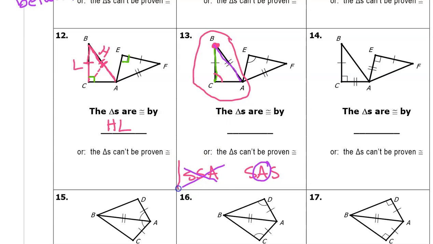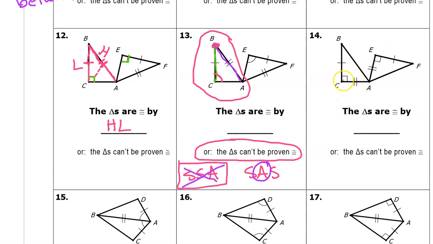That makes it a side-side angle situation. But do not put side-side angle on this line, whatever you do. Side-side angle does not prove anything. Instead, go ahead and circle the triangles cannot be proven congruent. Leave this blank.